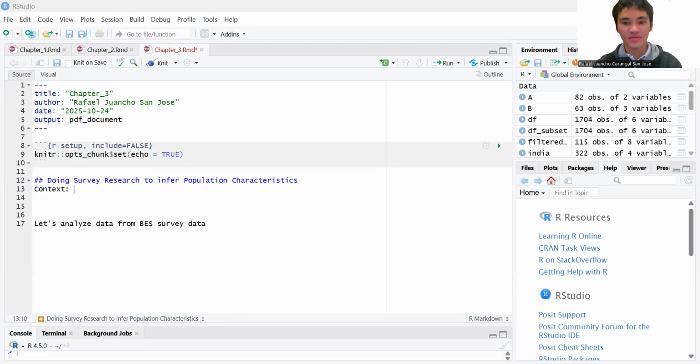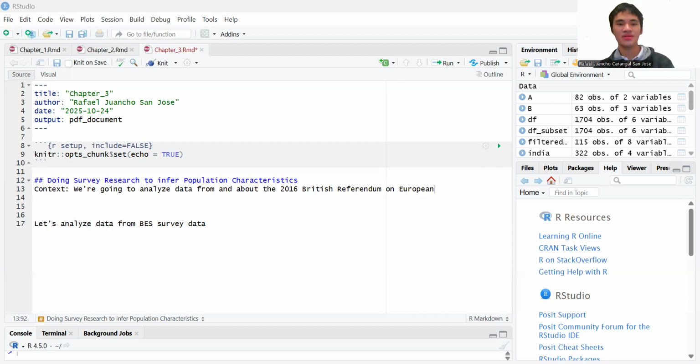We're going to analyze data from and about the 2016 British referendum on European Union membership.